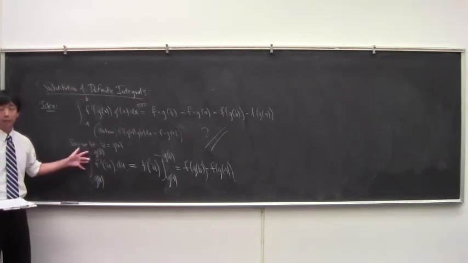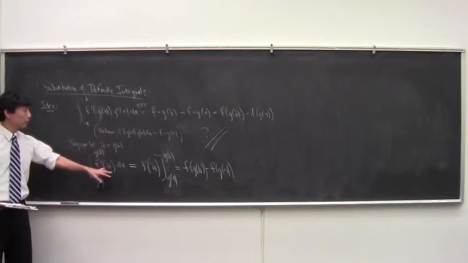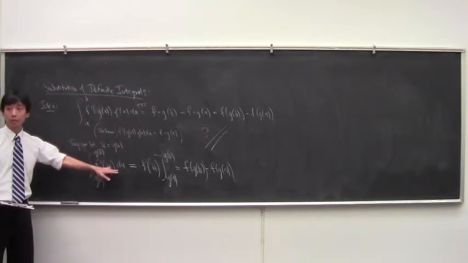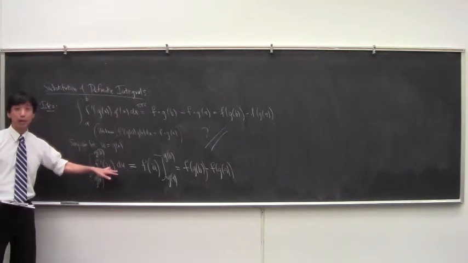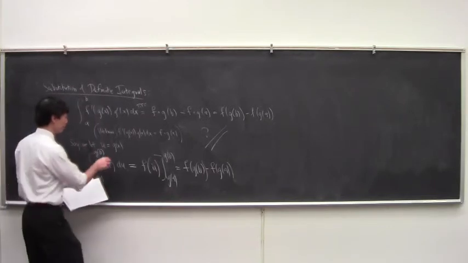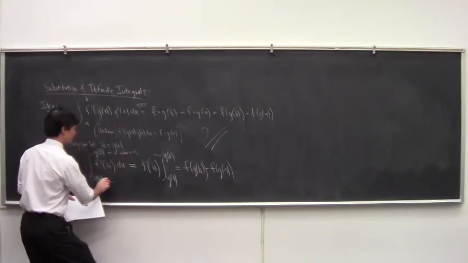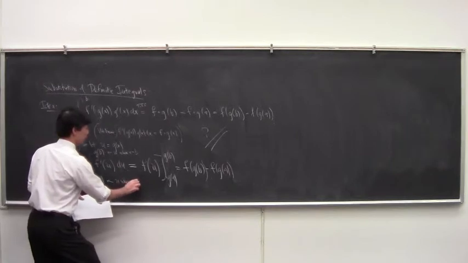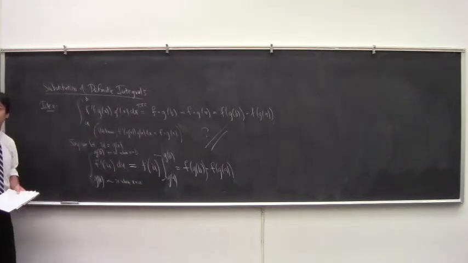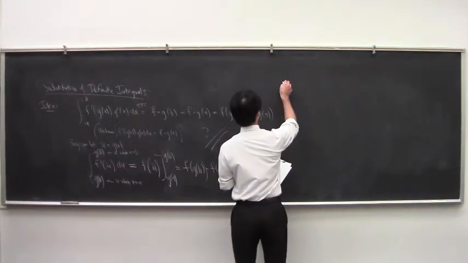So in other words, if you do your u substitution, you can evaluate the definite integral entirely in u, but you have to change the bounds of integration. This is u when x is b. This is u when x is a.